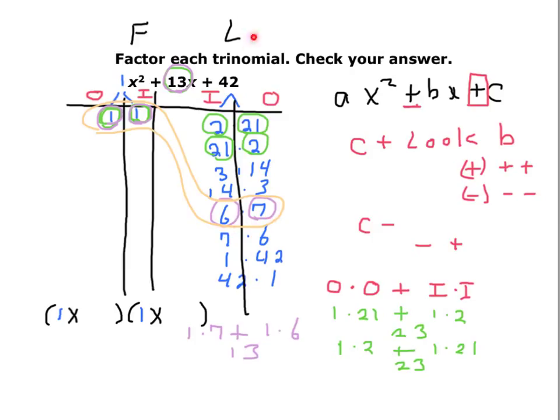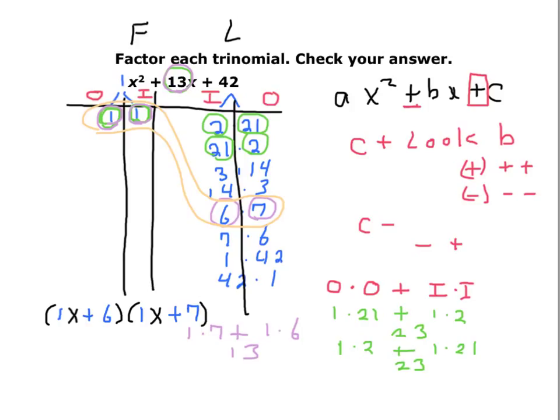Now, notice that's the last term of the trinomial. So I'm going to put it in the last spot of this binomial and the last spot of that binomial. Okay, so now notice it's going to be a plus 6 and a plus 7.